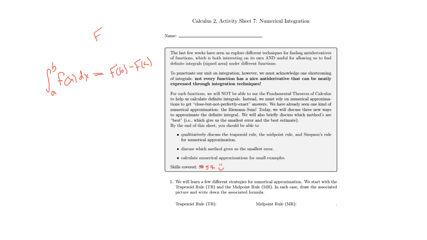There are certain little f's that are just too complicated for a nice formula for capital F to actually be present. So sometimes we cannot find a nice capital F. And that's really too bad. That's unfortunate. But that's okay, because the fundamental theorem of calculus is only one method that we can use to calculate definite integrals, at least to a high degree of precision.